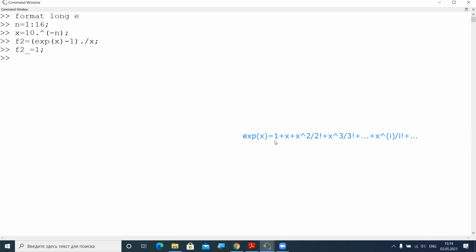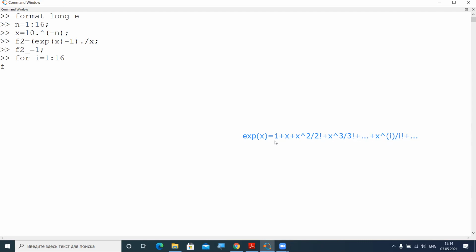Then continue with a for loop, for I equal to 1 till 16, with a semicolon here, of course.